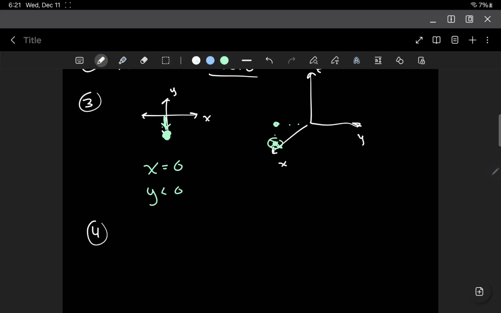For number 4, we have spherical coordinates. So theta is going to be equal to pi, phi is pi over 2, and rho is 3.